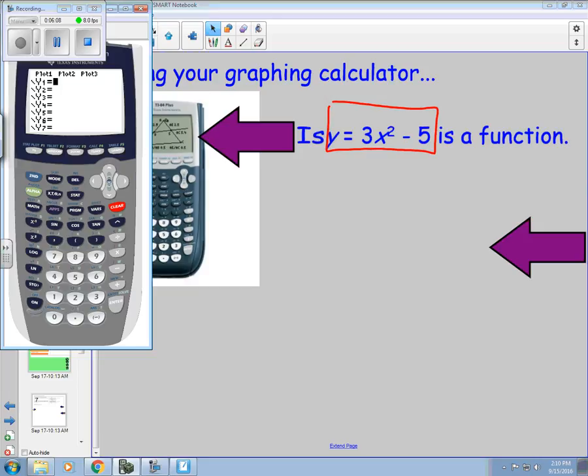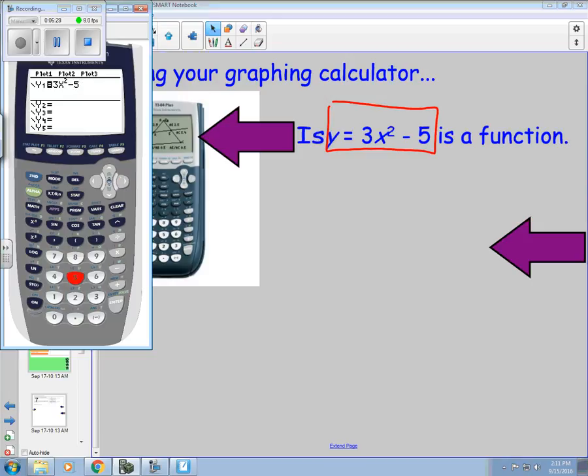Okay, to do that you type in 3, okay, x, there's a button kind of right in the upper left hand corner here that says x, theta, n, and that one we can use for x. We've got to do a power of 2, so exponent power 2, and then minus 5.